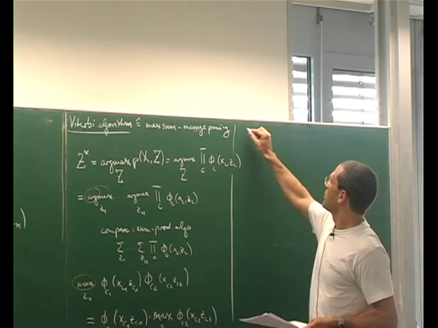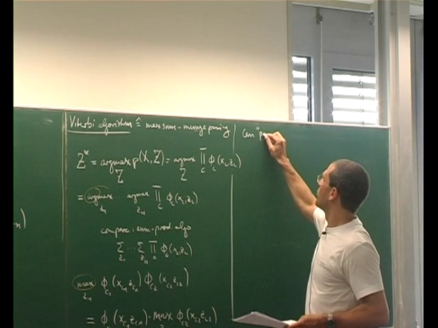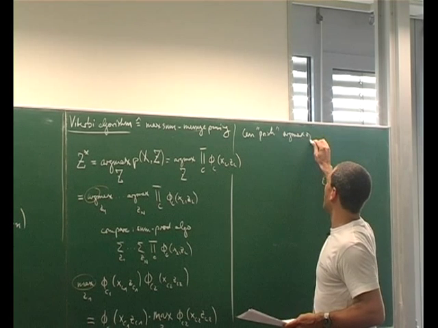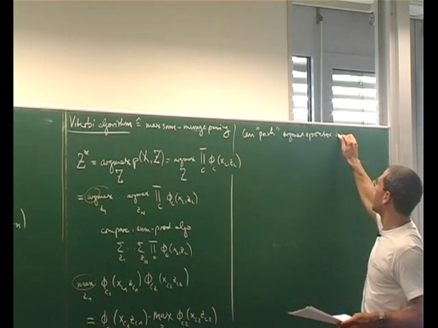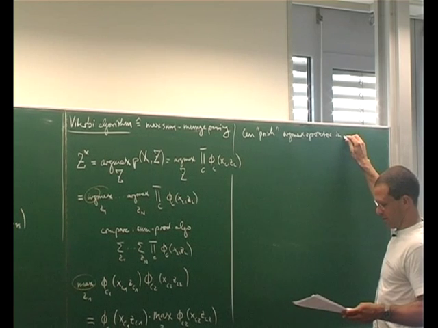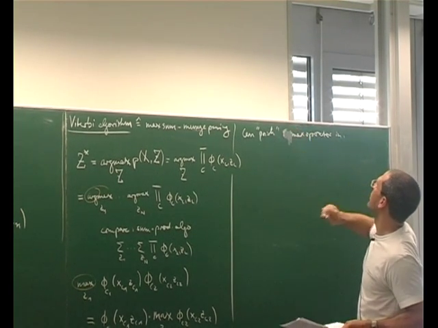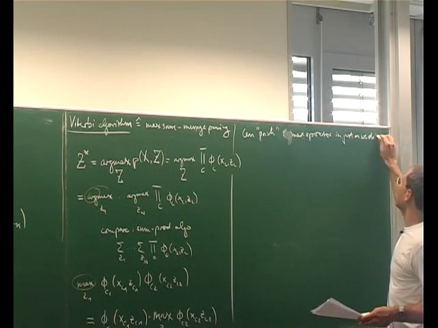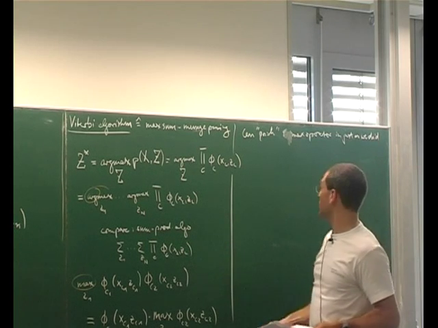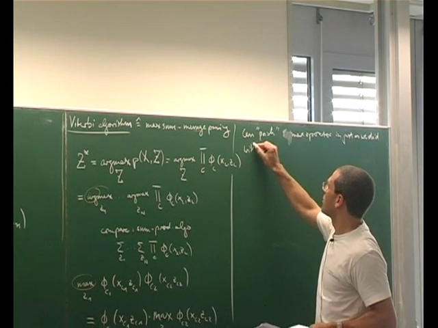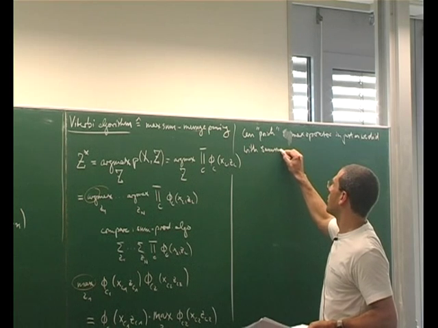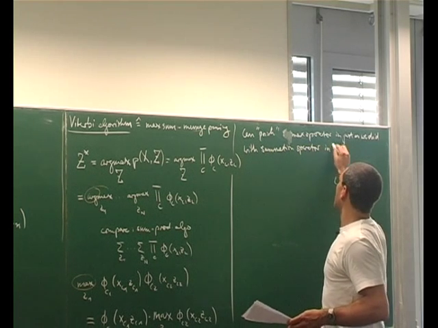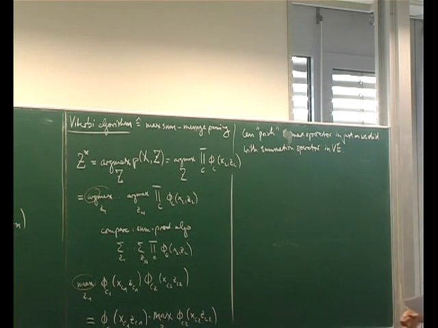So overall, we can push this argmax operator in just as we did the max operator, just as we did with the summations before, back in the days when we were looking at variable elimination.